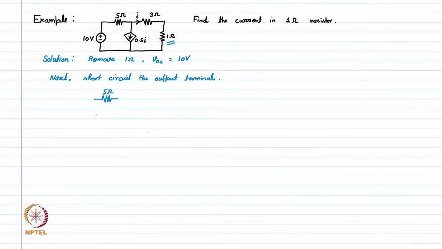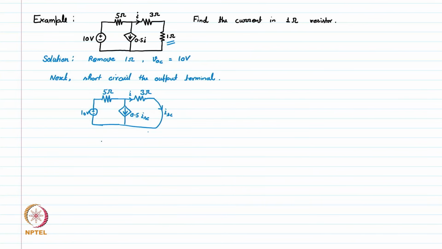We have this 5 ohm, this 10 volt, this 3 ohm, and here we have this short circuit, and short circuit current will be flowing in this. This current source will become 0.5 times I short circuit, because this I short circuit is I.